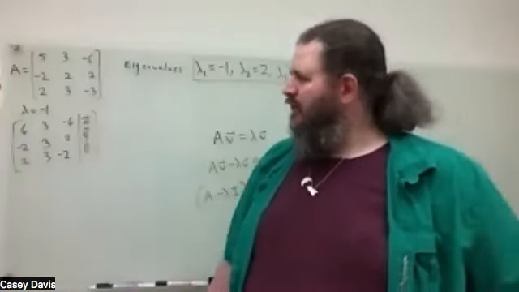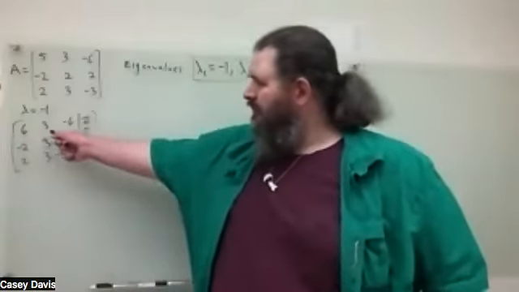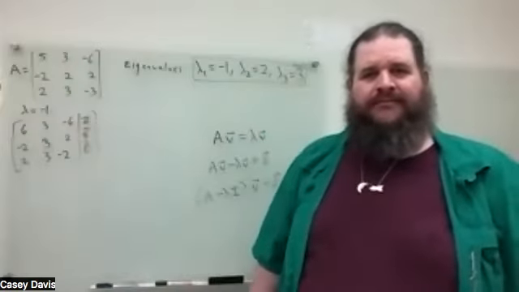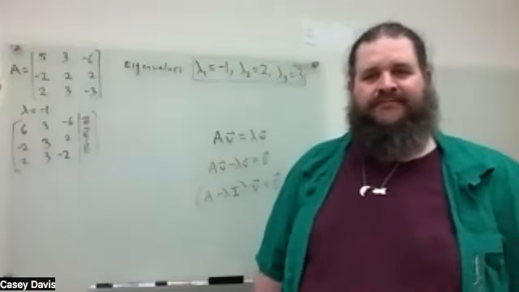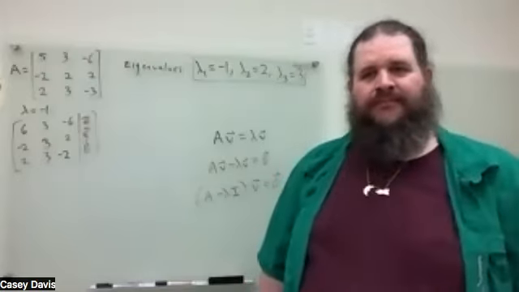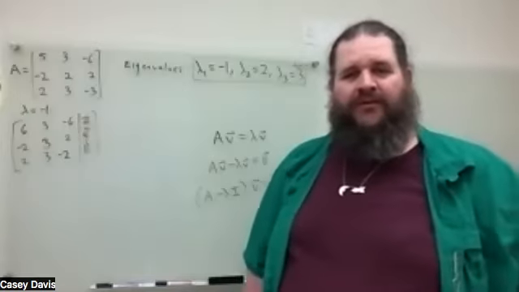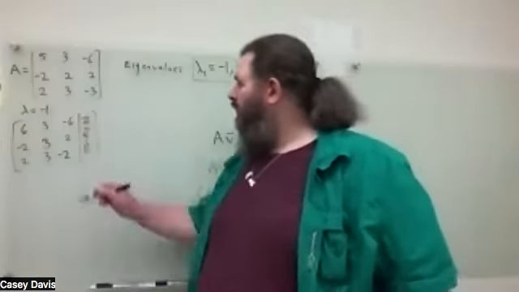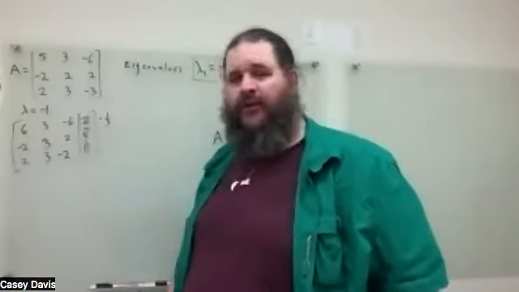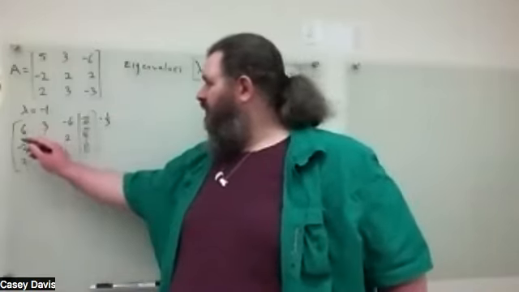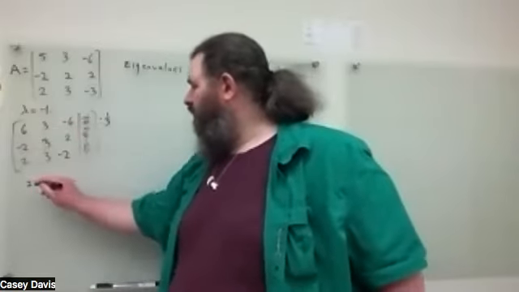One thing I'm noticing right away, what do you see about all the numbers in the first row? Six, 3, -6, those are all divisible by 3. So let's go ahead and multiply that first row by 1/3 just to make the numbers easier to work with. That gives us 2, 1, -2.